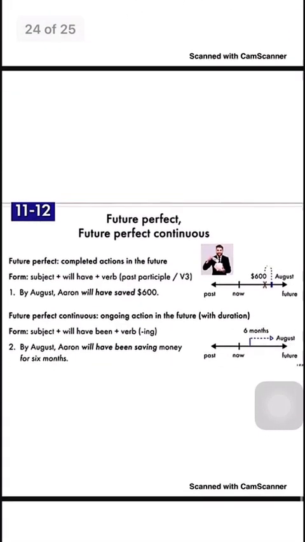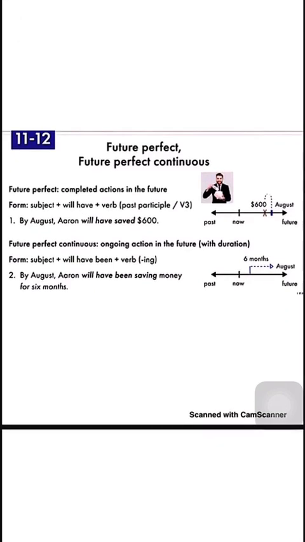Okay, let's see some more examples. By August, Aaron will have saved $600. This is for the future perfect. By August, Aaron will have been saving money for 6 months. Now what's the difference between the two?